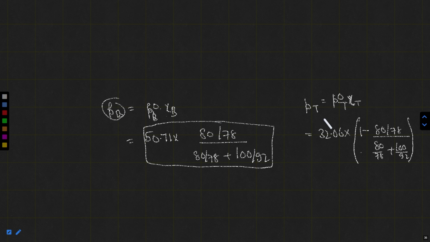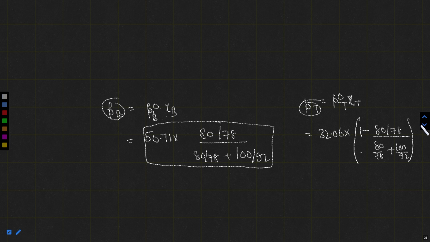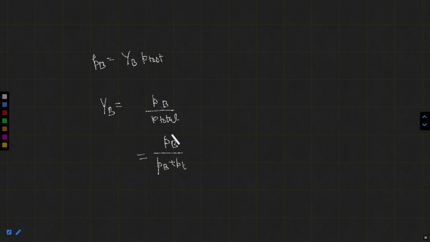Once we have calculated PB and PT, P total will be nothing but PB plus PT. So total vapor pressure will be vapor pressure of benzene plus vapor pressure of toluene. So we have used Dalton's law of partial pressure here. Once you put all these values in the formula of PB by PB plus PT, you will get YB, that is the mole fraction in the vapor phase.